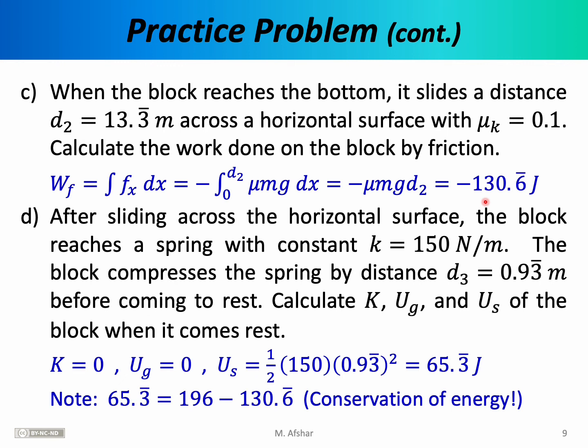It's transferring energy out of the system. And if we take our initial 196 joules and transfer out 130 joules, what we're left with is 65.3 joules. So again, you could have just figured out this final answer without this formula 1/2 kx squared. It's a nice check on your calculations, but notice that conservation of energy makes all of these steps much easier.